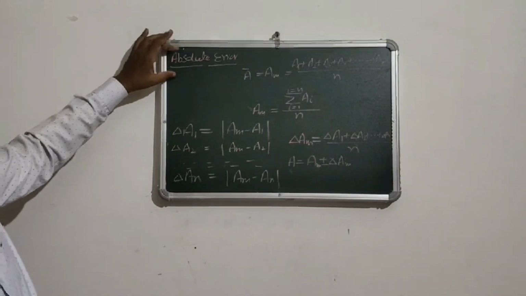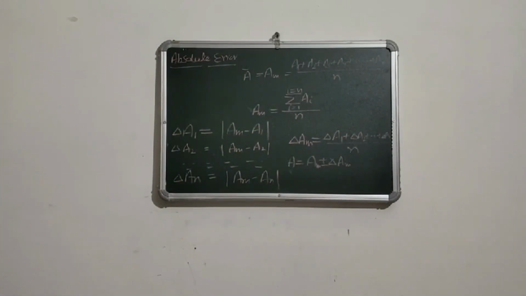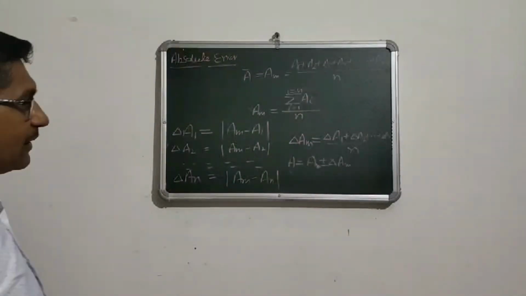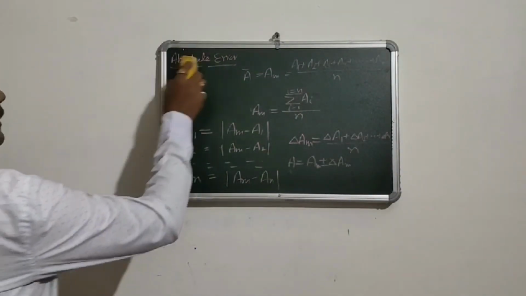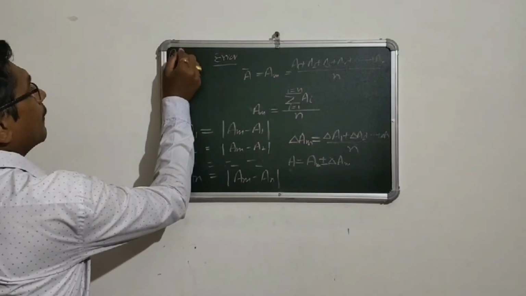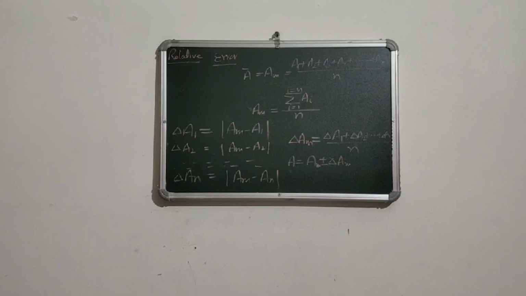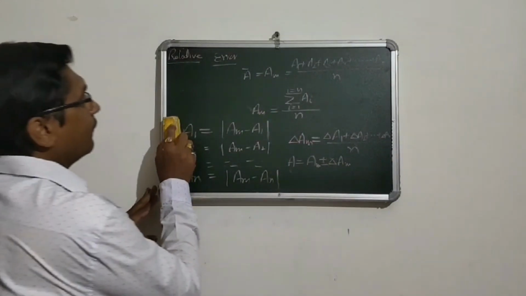First we studied absolute error, second the absolute mean error, and now the third point is relative error. What is relative error? Relative error can be defined as the ratio of the absolute mean error and the mean value.